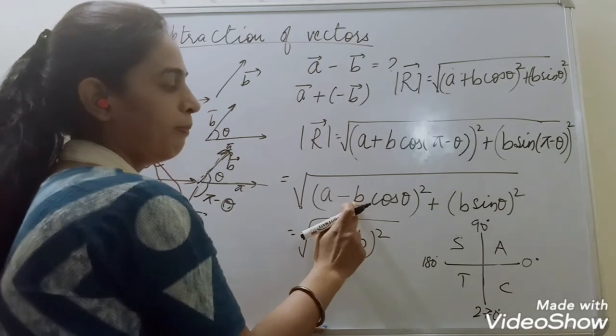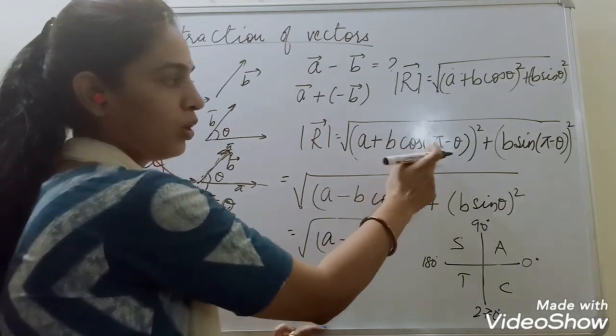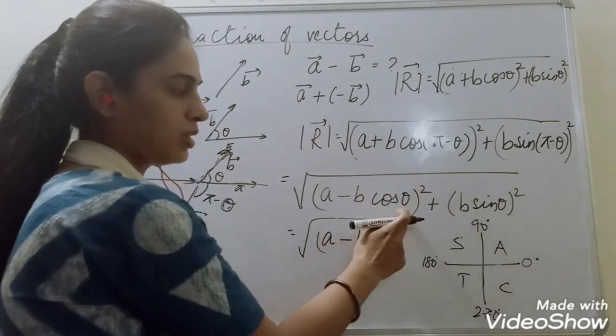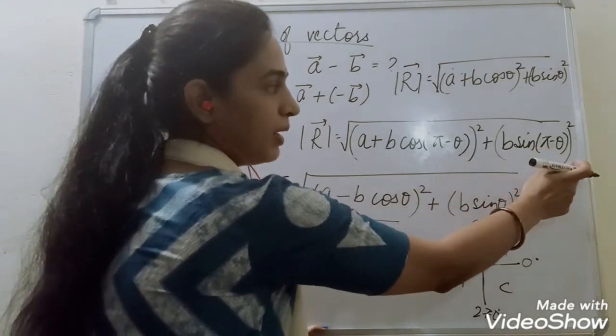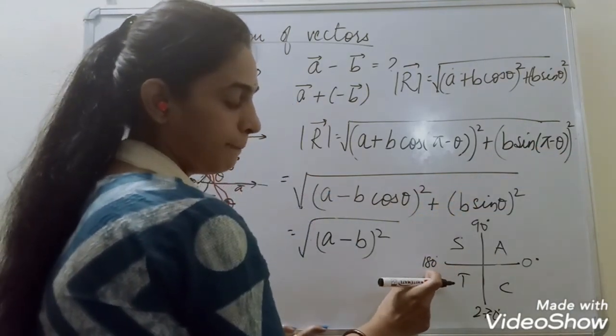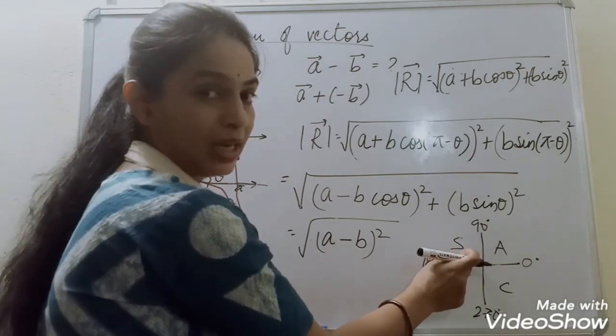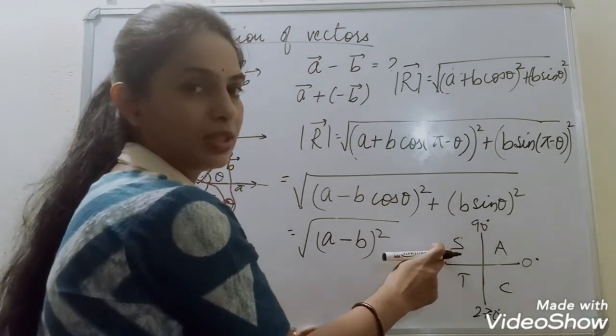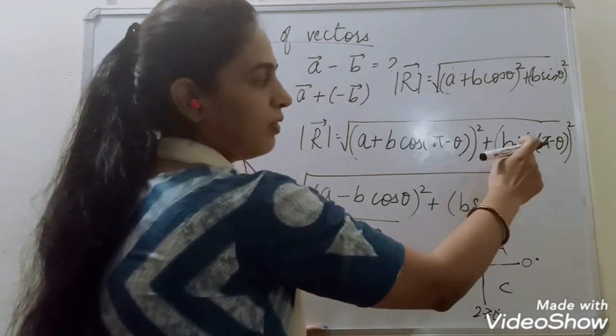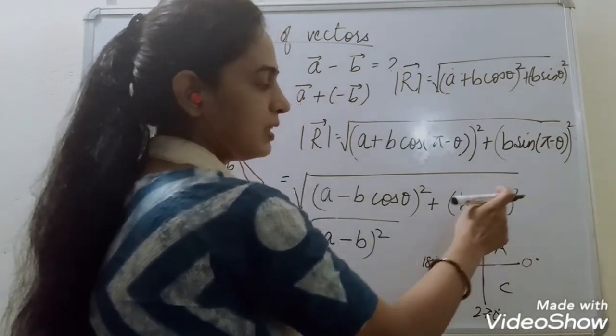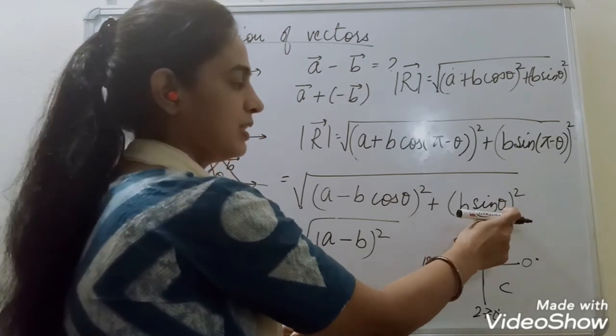That's why minus cos theta. And sin pi minus theta, pi minus theta will again come in the second quadrant, and sine is positive in the second quadrant. That's why sin pi minus theta is plus sin theta.